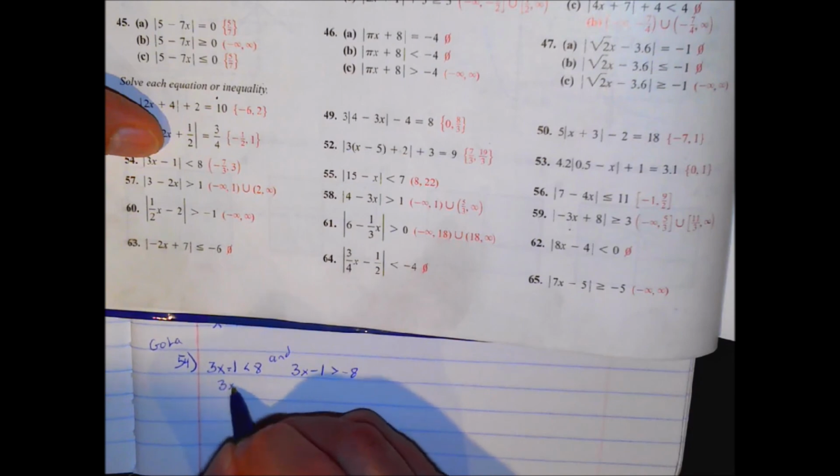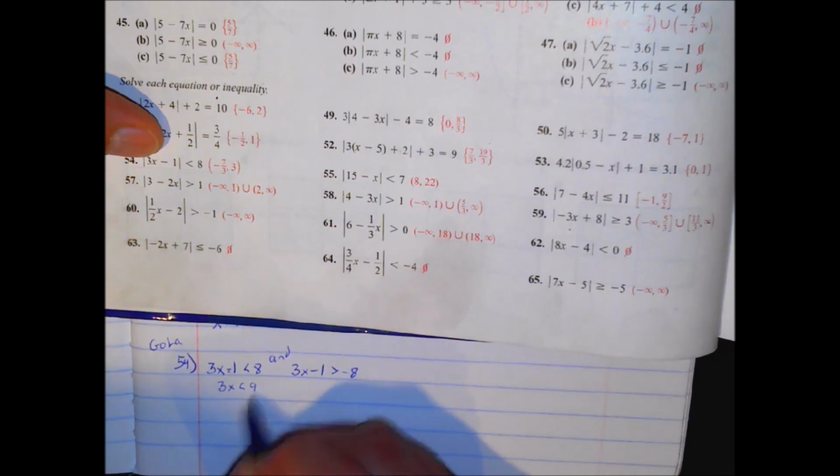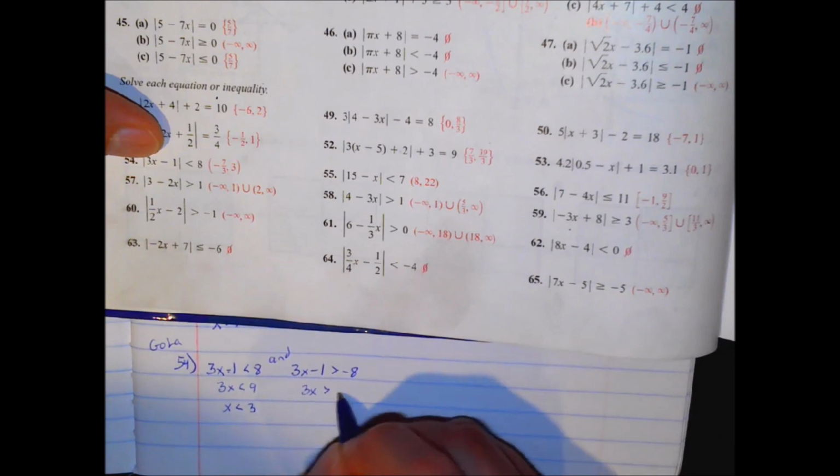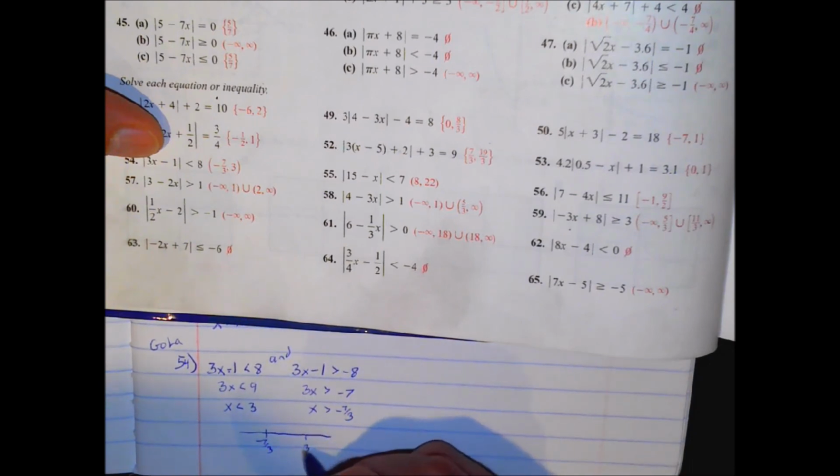Add the 1 over and divide. Okay, so if you look at the graph, negative 7/3 and 3, it's greater than this number. It's less than 3. So as an and statement, both have to be true, so it's everything in between. If you want to write it in interval notation, it would be this.